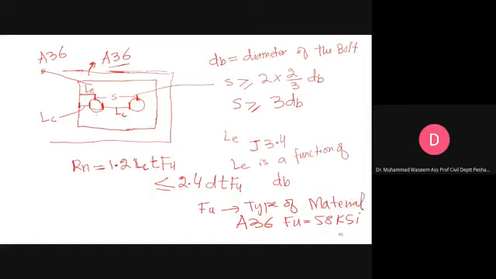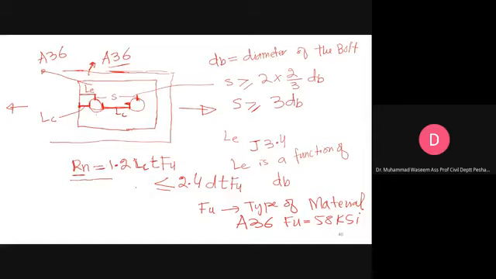Now, you have to apply this equation here, and also here. This bolt will exert pressure to this side if the load is acting in this direction, and this will also be exerting pressure. So you have to evaluate bearing strength here and here using this equation.